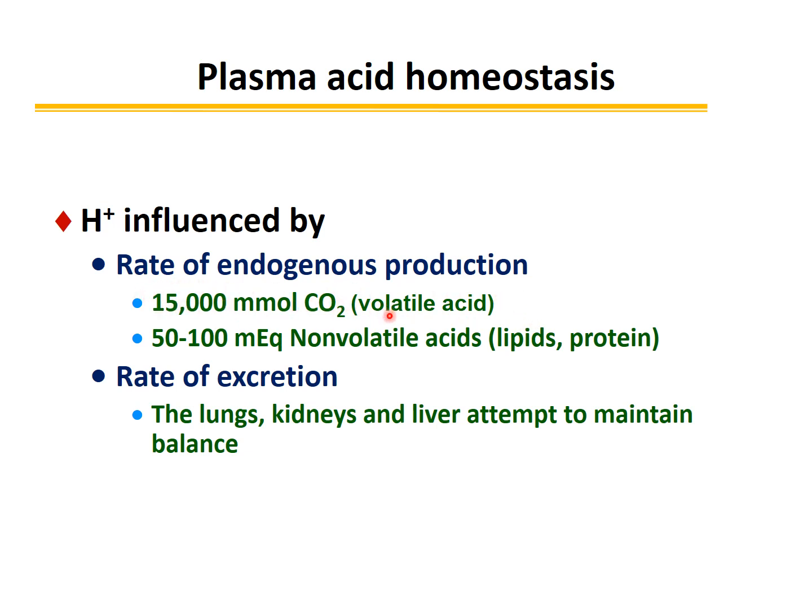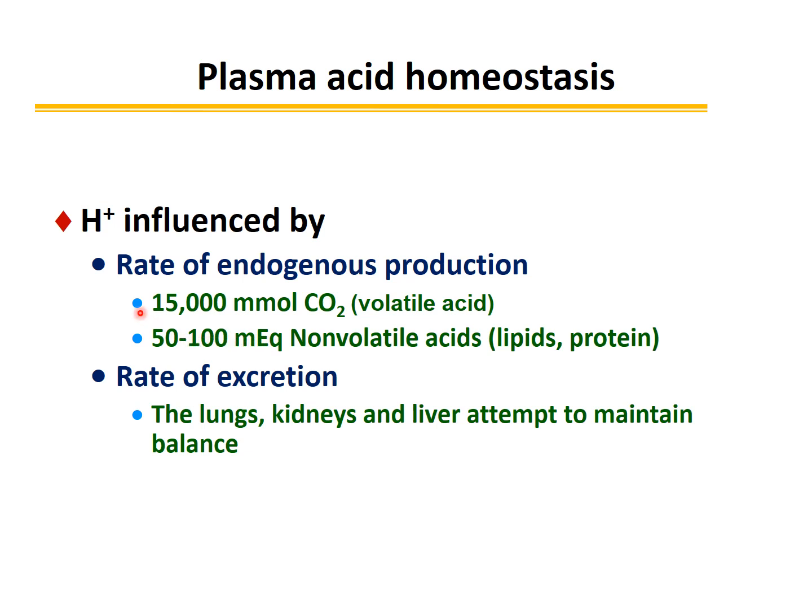This is called a volatile acid because we can exhale it. Another one that we cannot burn into carbon dioxide and cannot exhale is called a non-volatile acid. For example, the breakdown products of lipids and protein cannot be excreted from our body, and that produces about 1 milliequivalent, or 1 millimole, per kilogram of body weight every day.